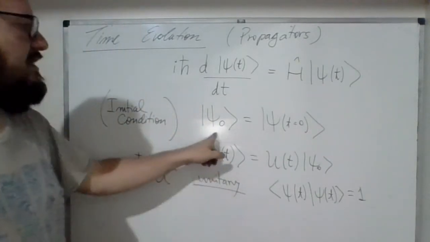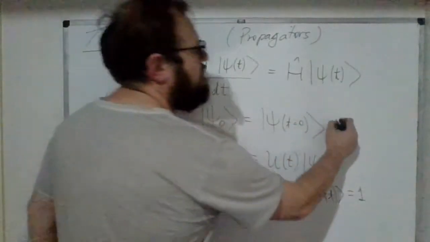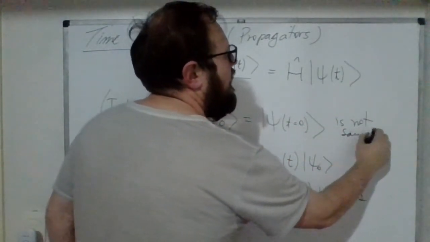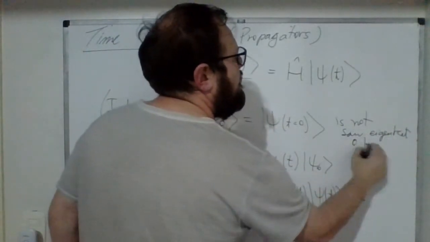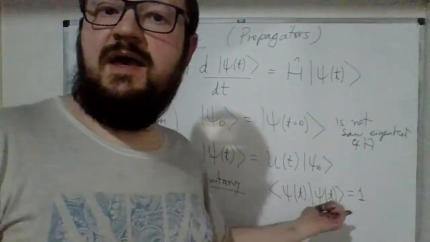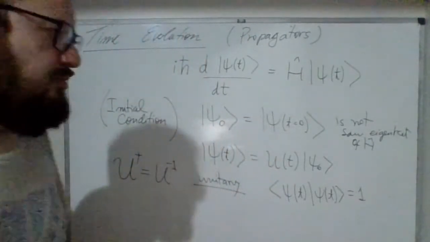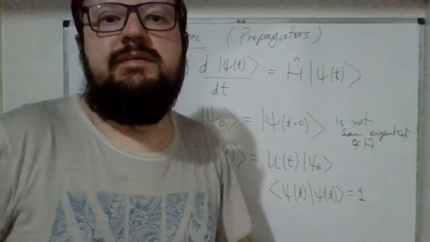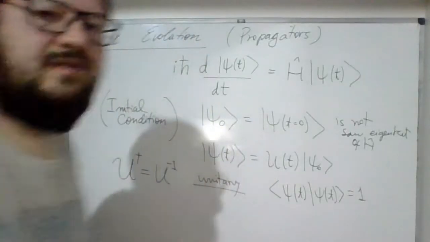So your psi naught, the psi at time t equals 0, is not some eigenket of your Hamiltonian. And eventually your Hamiltonian is time evolving also. So the problem of finding eigenkets doesn't make much sense anymore.